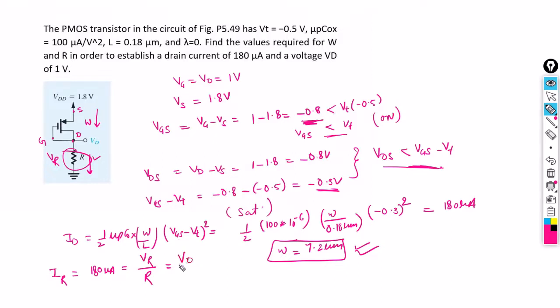So we can write Vd instead of VR. So R can be calculated as Vd divided by 180 microampere. Vd is already given to us as 1 volt, divided by 180 microampere. So we can calculate R as approximately 5.56 kilo ohm.